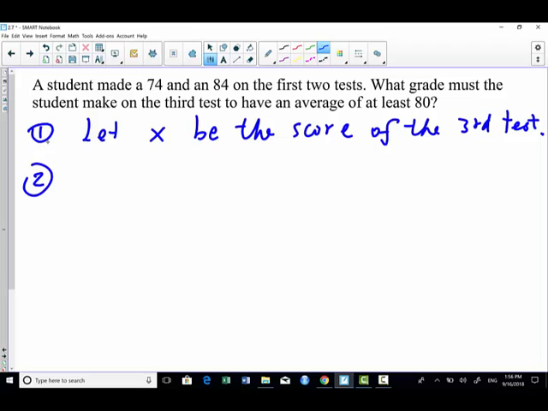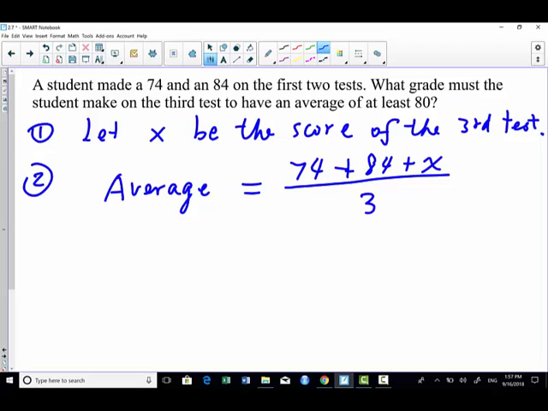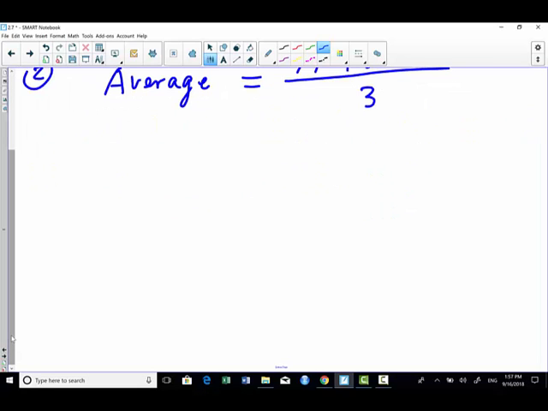In this case, because we're dealing with average, with the third test assumed as a variable x, we can actually figure out what will be the average of those three tests, which is equal to the total of those three tests divided by the number of tests, which is 3. So this is actually the average of 3 tests. It's an expression in terms of x.